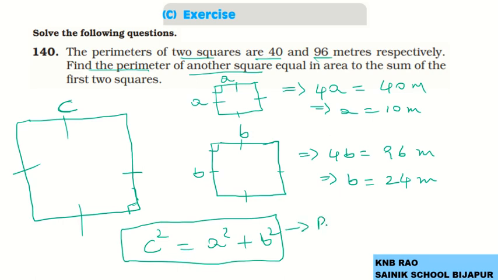A, B and C form a Pythagorean triplet, isn't it? Here A is 10. So 10, 24, and we know it is 26. That means C should be 26.